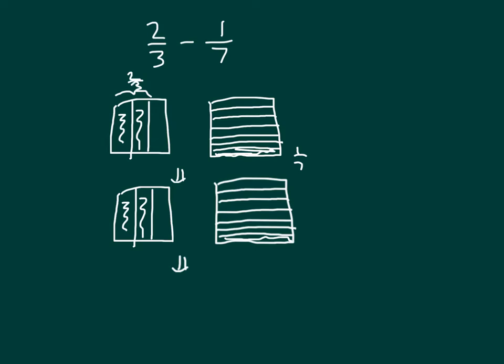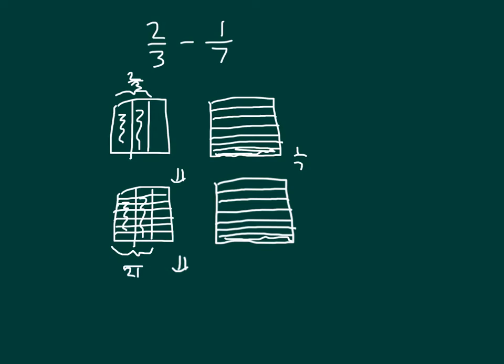Using our same approach for 2/3, remember we're looking at sevenths here, so we'll draw those 6 lines to divide it into 7 equal parts. Now, instead of 2/3 here, we're looking at 21sts. That's our denominator because there's 21 there.